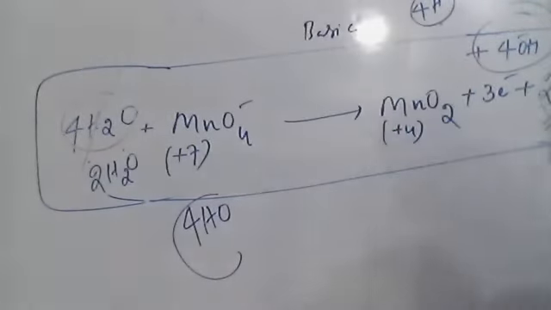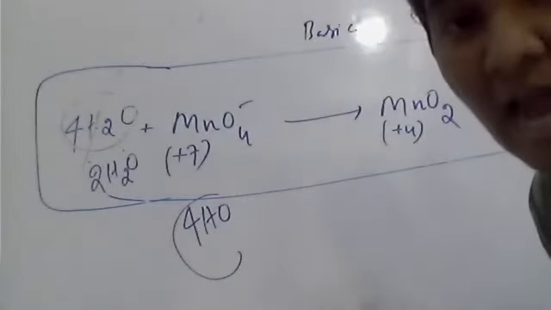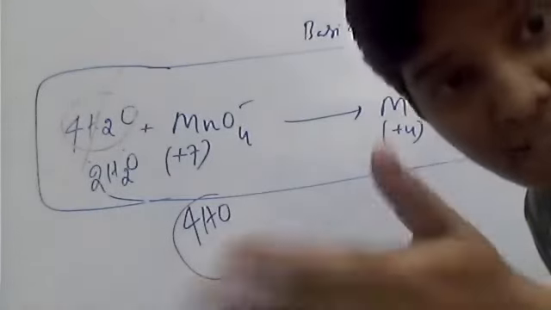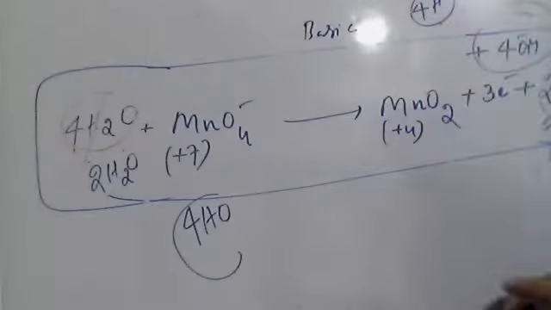Okay. The next, still 5 minutes is there. I will explain one more in acidic medium, how to balance the hydrogens with H+. I'll take one more half reaction. Okay, see beta.